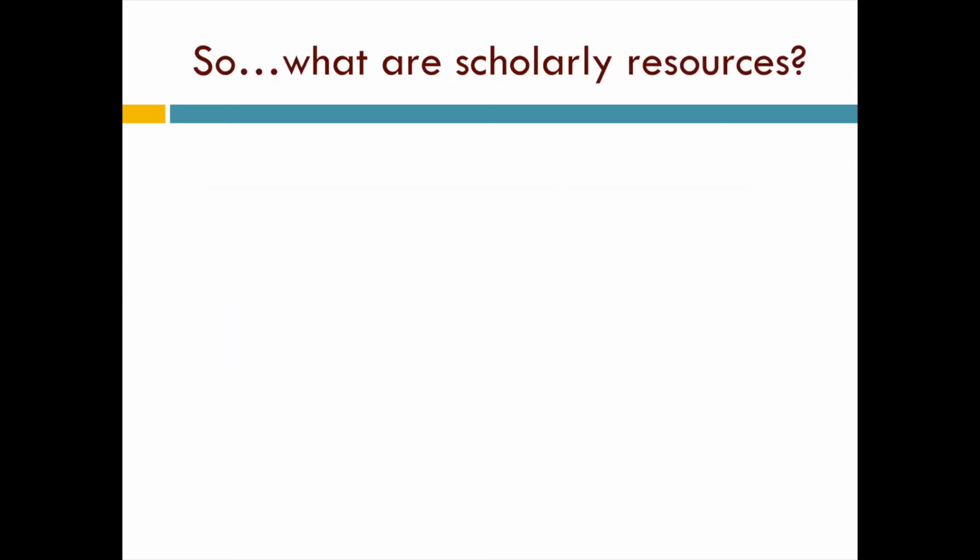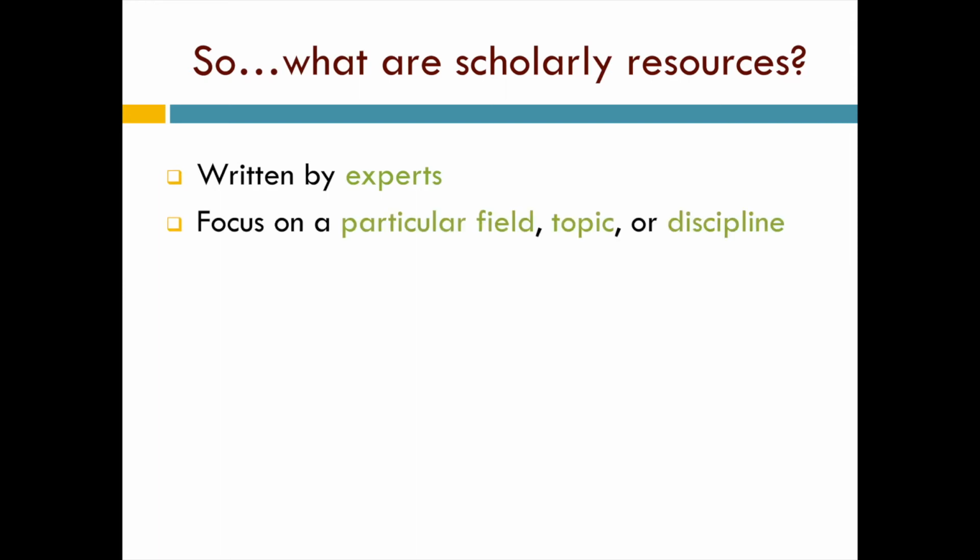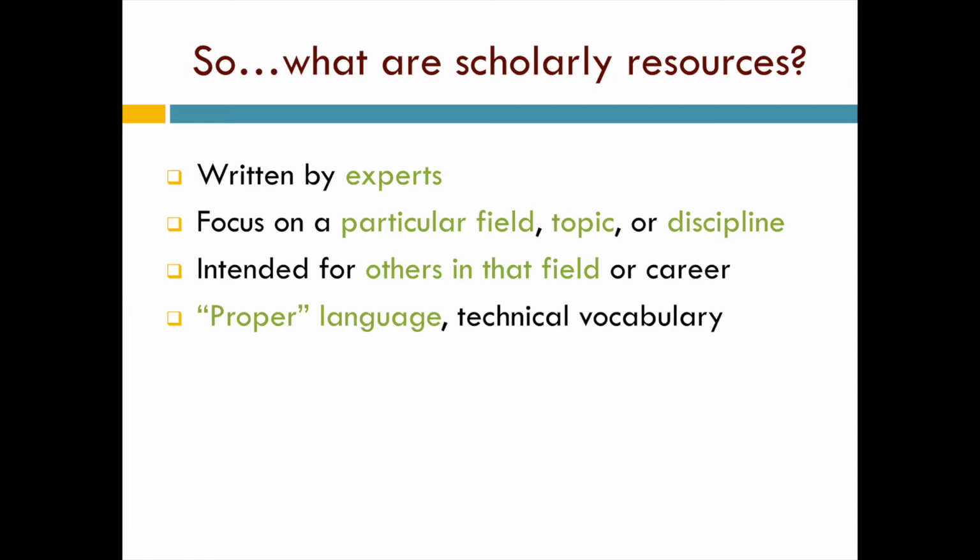So, what are scholarly resources? First of all, they're written by experts like your professors. They focus on a particular field, topic, or discipline, and they're intended for others in a field or career. Also, you'll notice in articles that are scholarly that the wording is proper language and technical vocabulary.